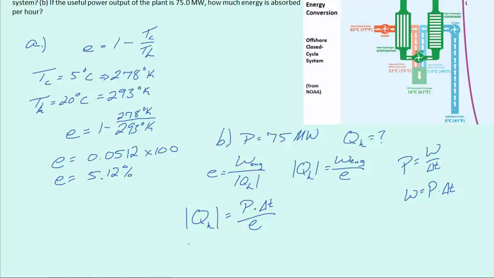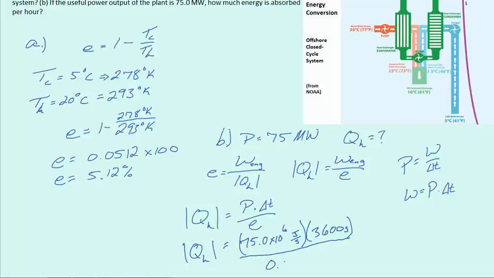So now we can plug in our values to solve for our QH. So we know that our power is 75 megawatts, and if we convert that to watts, we would have 75.0 times 10 to the 6 watts, or joules per second, multiplied by our time of 1 hour in seconds, which we know that 1 hour has 3,600 seconds, divided by our efficiency of our engine, which was equal to 0.0512.